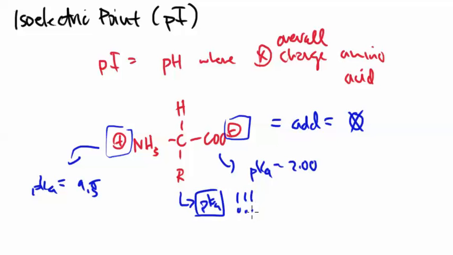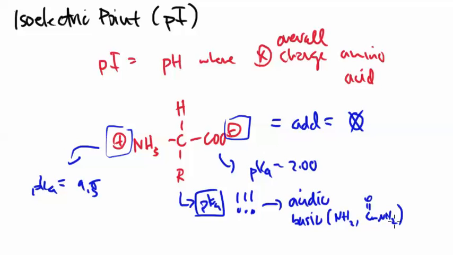We went through some families of amino acids and we said that some of these were acidic in nature and some of these were basic in nature, and that included the NH2 groups, the amines and the amides. So we know that some of these can be protonated as far as their side chains go. And those pKa's for the side chains are also listed for you. So these are the numbers that we need in order to work out the PI values for the amino acids.